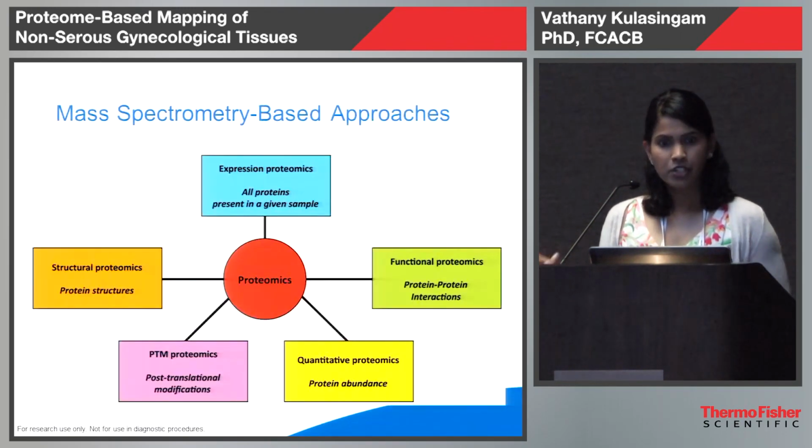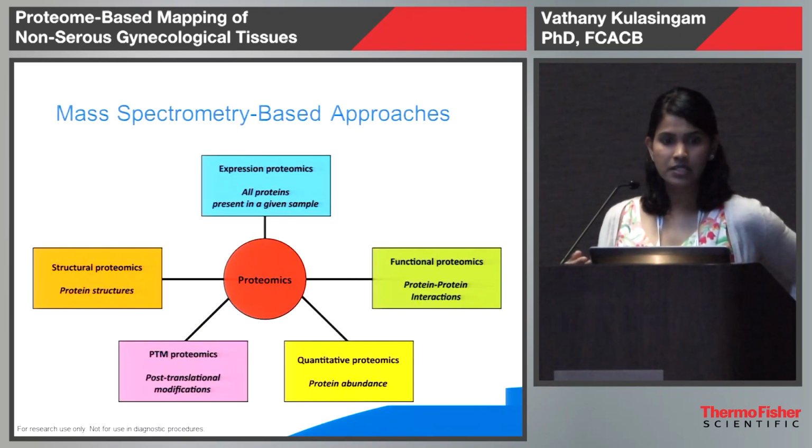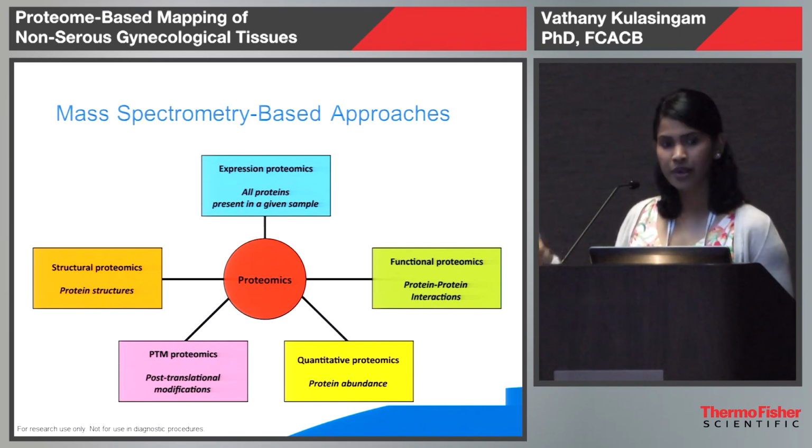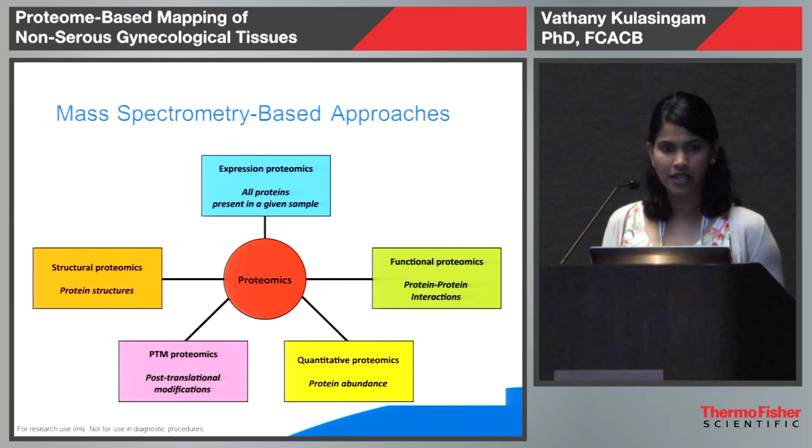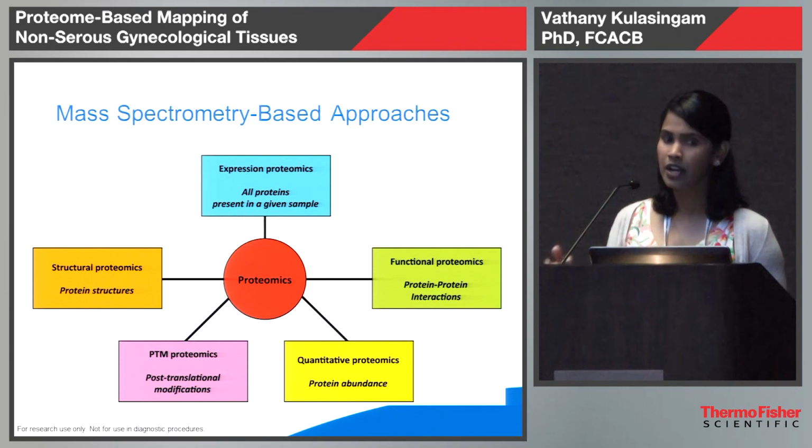Mass spectrometry can really be used to study proteomics, and there are different branches that I've shown here, which include, for example, expression proteomics, so you're looking at differential expression of proteins in a given sample. There's functional proteomics, looking at the interaction between proteins to characterize complexes and determine their function.